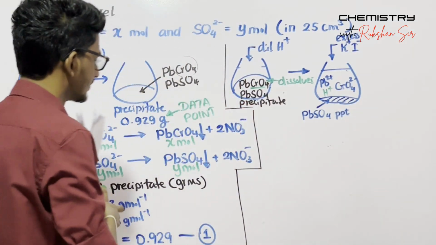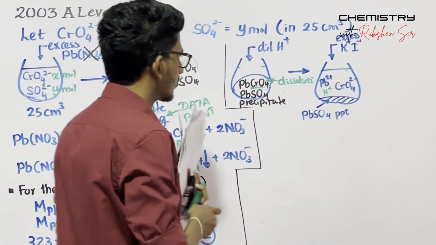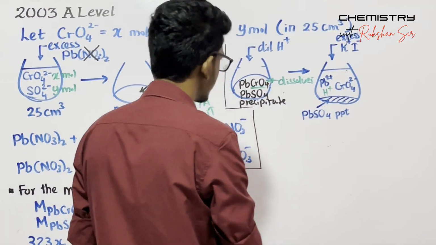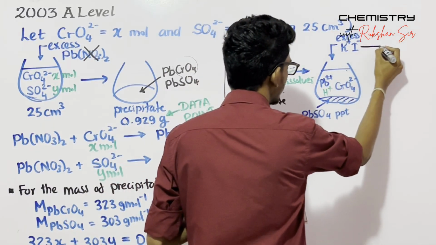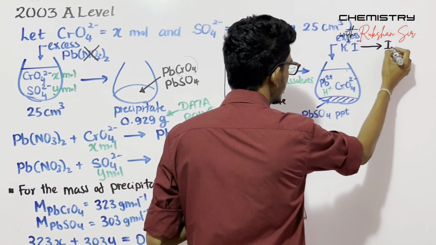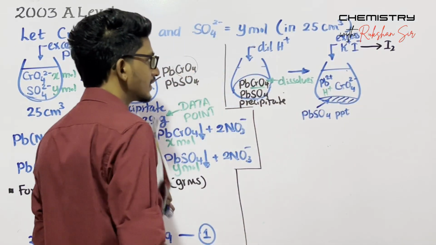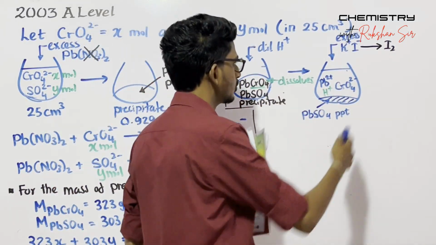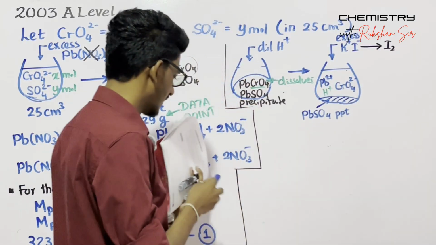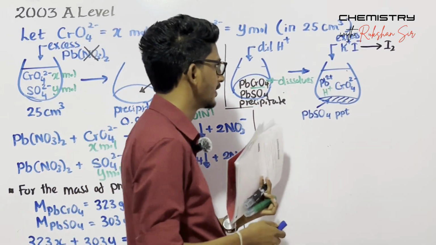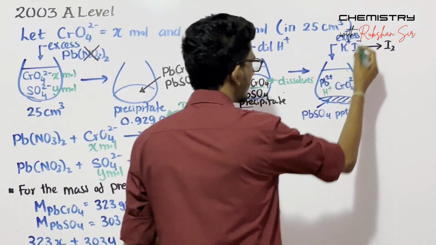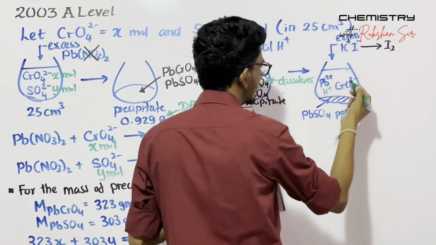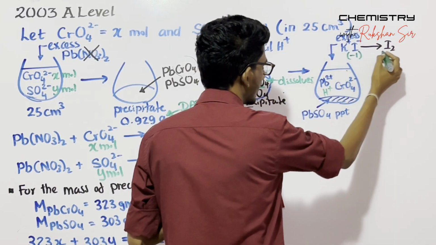Then what will happen? With KI, I minus always tends to get oxidized to I2. There is no other way the X minus form or the X2 form can appear with the halide ions, halogens, right? This is an oxidation, because this is -1 and this is 0.